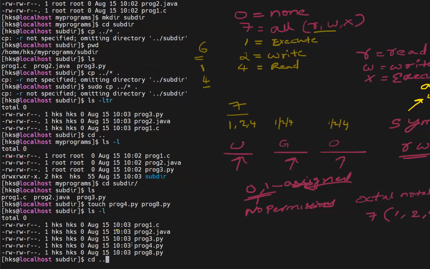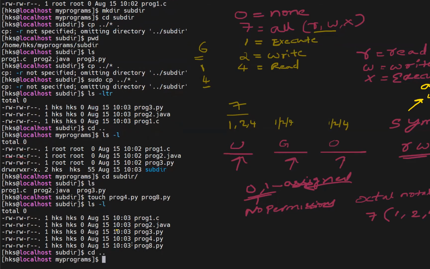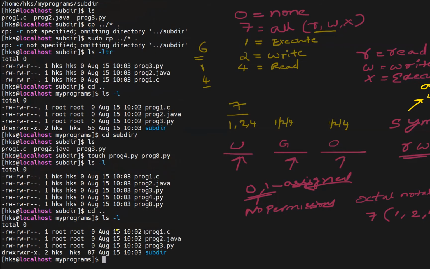If I want to change the ownership recursively, meaning all the files, and it should navigate into the subfolders inside the subfolders and make the necessary changes for the ownership, the way you could do it is chown with -R.